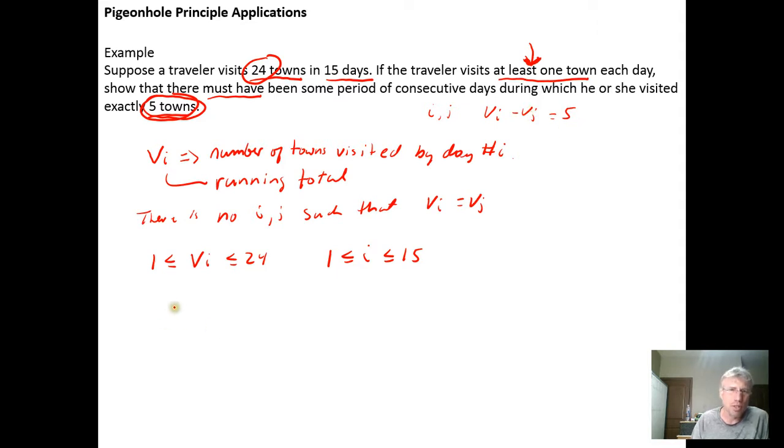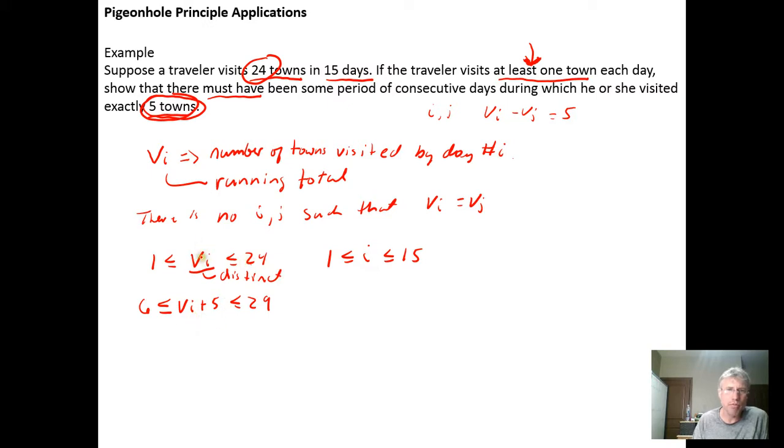So what I'm going to do is explore v sub i plus 5. What does it mean to add 5? Well, v sub i plus 5 is going to be a number that runs from 5 plus 1 is 6 up through 5 plus 24 is 29. And we want to remember that the v sub i's are distinct, so no two are the same.